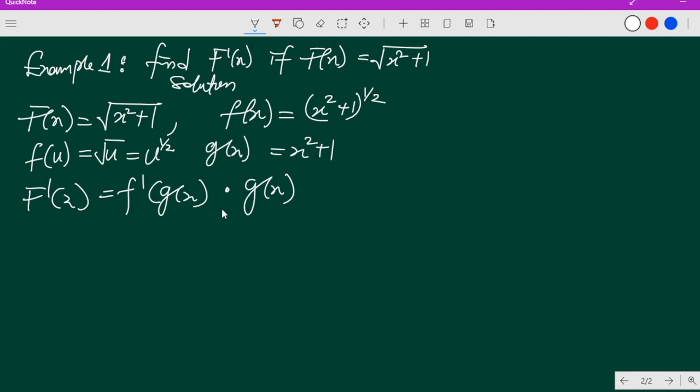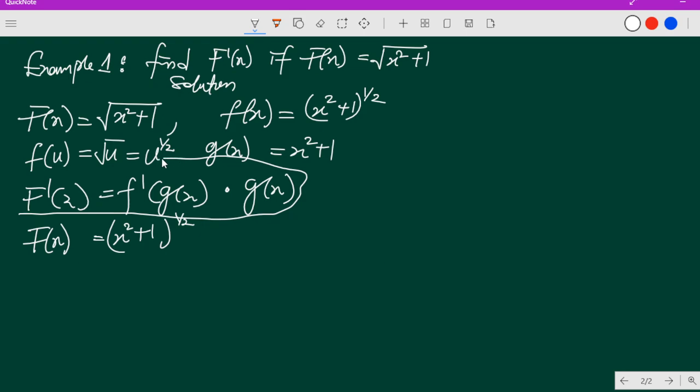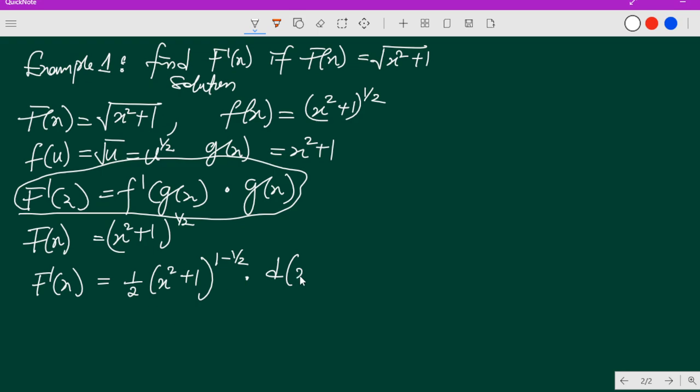So this is our question: f of x is equal to x squared plus 1 all raised to power half. In applying this formula, f prime of x will be half times x squared plus 1 raised to power minus half, times the derivative of x squared plus 1 with respect to x.